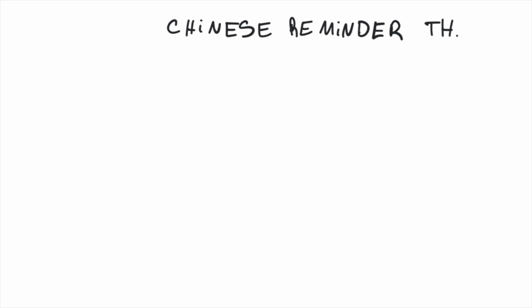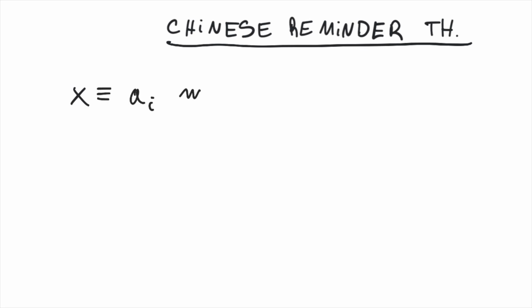So now that we have a way to divide numbers mod M, let's talk about one application, the Chinese remainder theorem. This theorem will allow us to solve equations of the form x is congruent to ai mod ni for some number of equations.